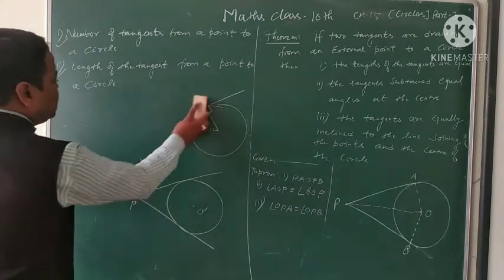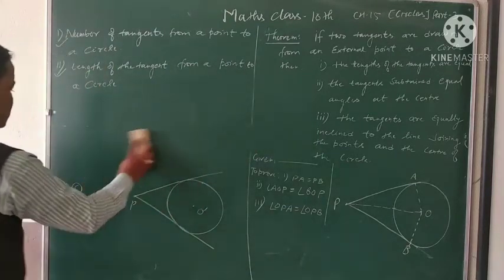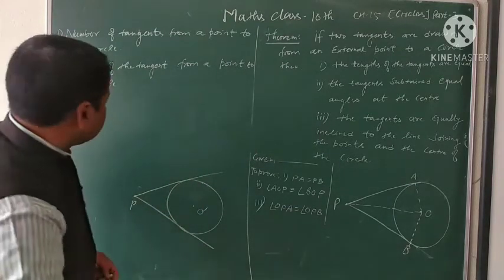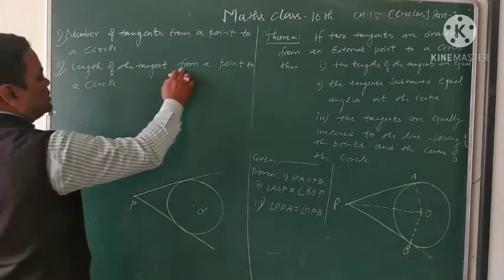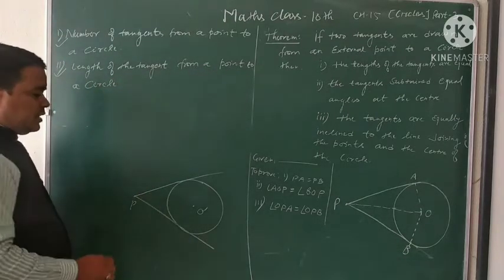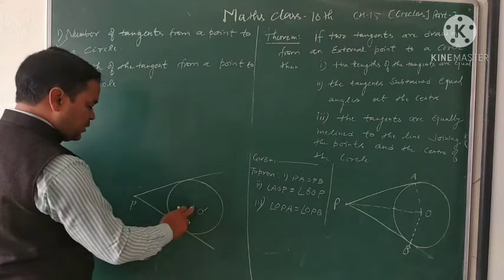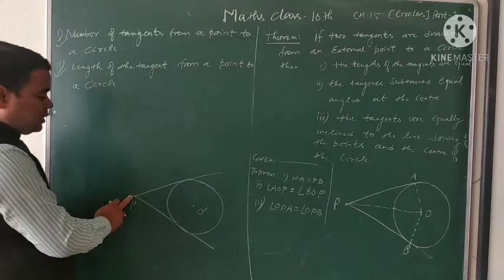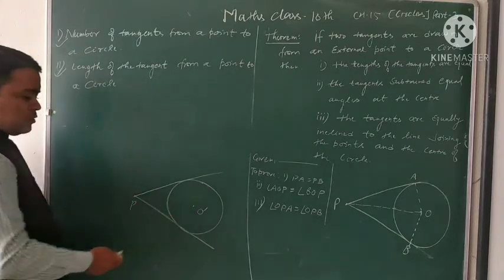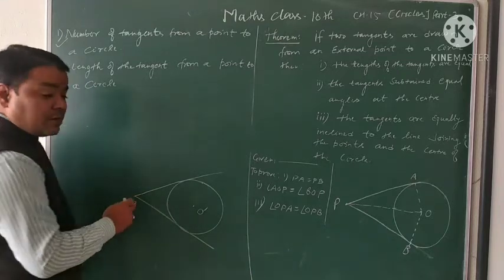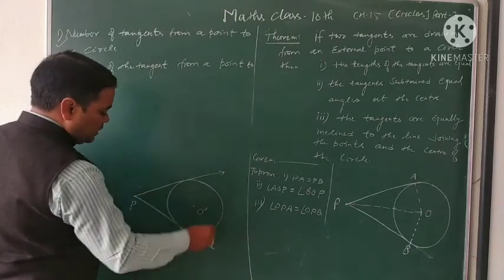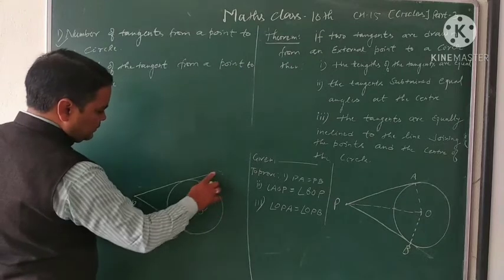Now, the second thing we want to discuss is the length of the tangent from a point to a circle. Let we have a circle with center O and a point P, from where we draw 2 tangents here.